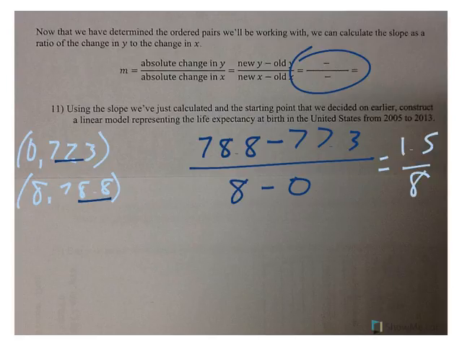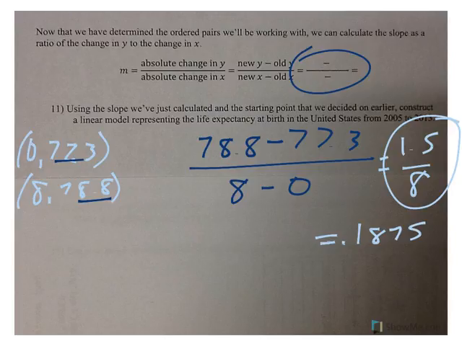A slope is generally written as a fraction, so this is a perfect answer, but you could write it as 0.1875. Because this slope comes out nicely as a decimal, you can change it to a decimal, but as a mathematician, I really prefer my slope to be written as a fraction, but that's personal preference.